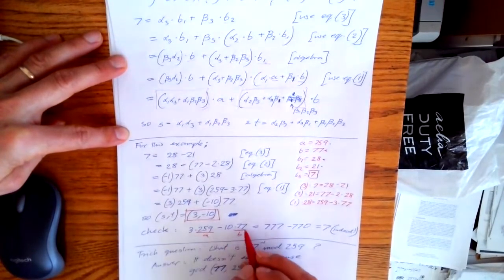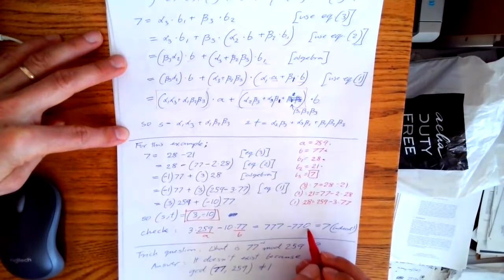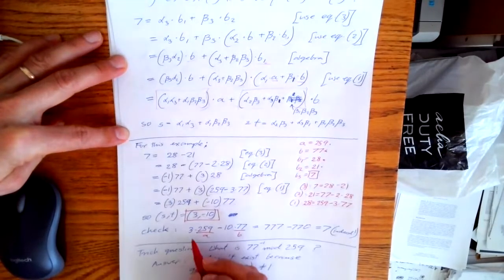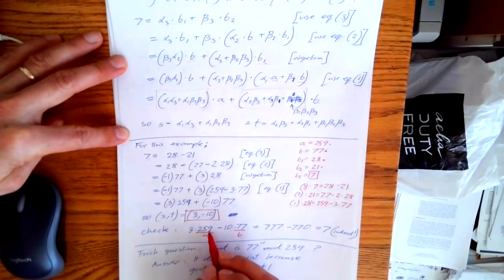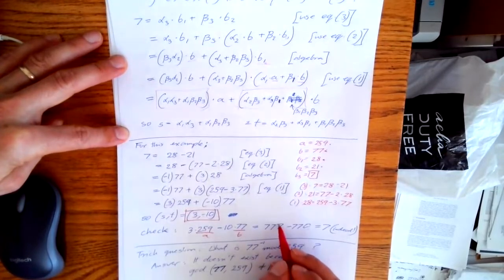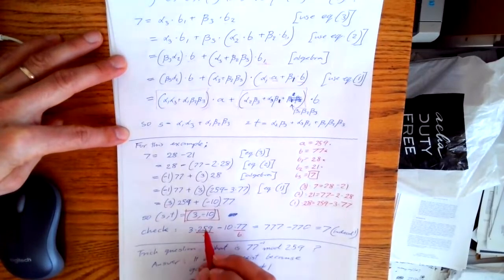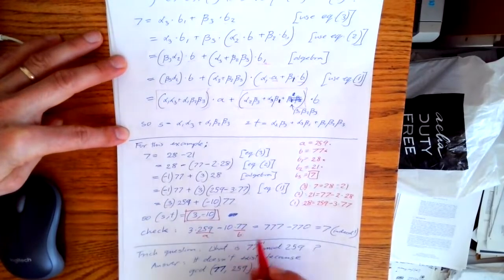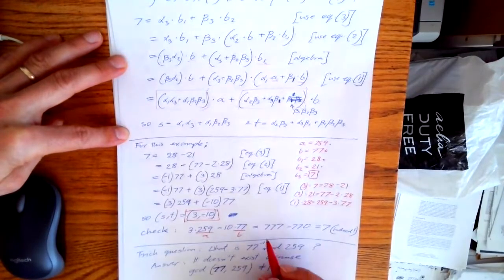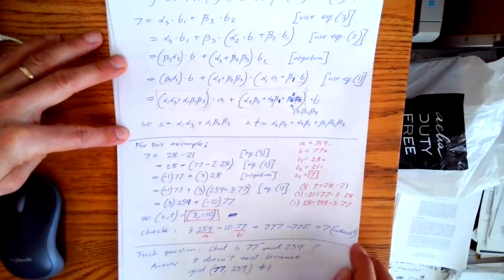Because, well, 10 times 77 is 770, there's a minus sign. And 259 times 3, 3 times 9 is 27, so there is a 7 and a 2 carry. 3 times 5, 15 with a 2, that's 17. So 7 with a 1 carry, and 6 with a 1 carry is 7, right? So indeed, that's a check.